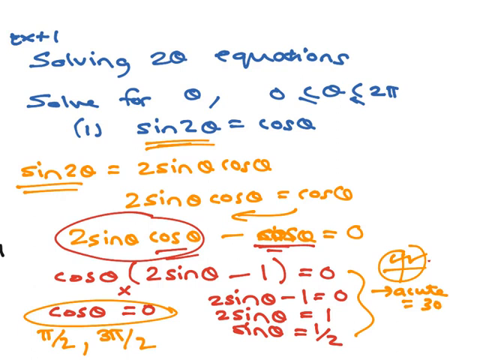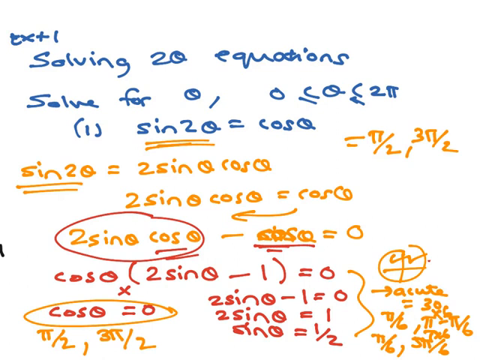So that means it's going to be pi on 6 and pi minus pi on 6, which is 5 pi on 6. So the solutions here will be pi on 2, 3 pi on 2, pi on 6, and 5 pi on 6. So there are 4 solutions.